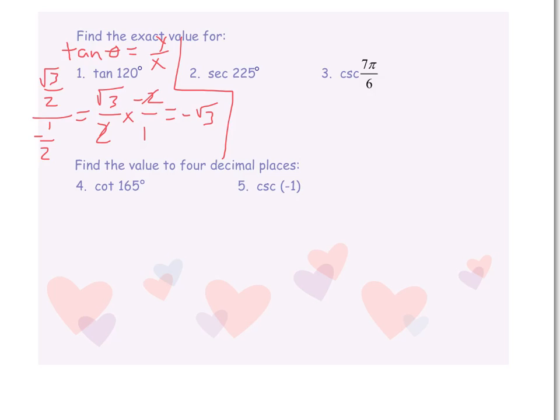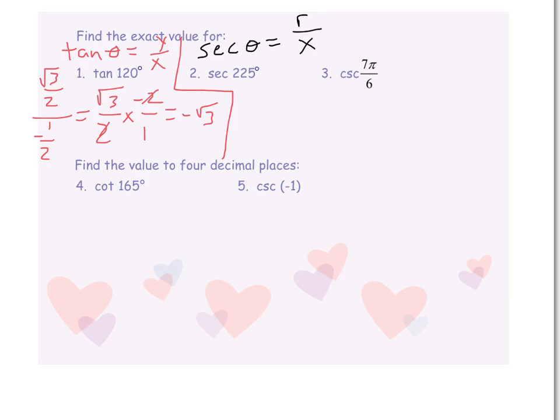Next up is secant. Again, just be thinking about what this particular trig function is. Secant of any angle is always r over x, and if I'm working with the unit circle, r is 1.